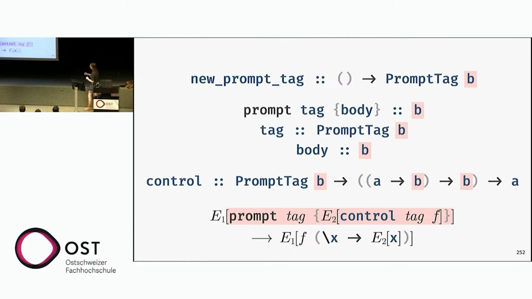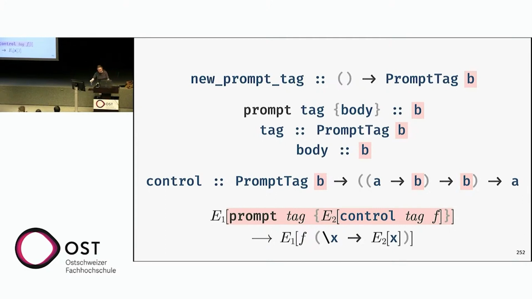A good example is if you're implementing exceptions using control and prompt, then you might want two nested exception handlers, where one is a local exception handler and one is a more global one, and in that case, it's useful to have them share the same prompt tag, because depending on whether the local one is present, it will capture that use of control, and if it's not there, then the outer one will. So, you don't have to do this, but it simplifies the system, I think, in a way that makes things a little bit easier to reason about, like a distillation of the system.